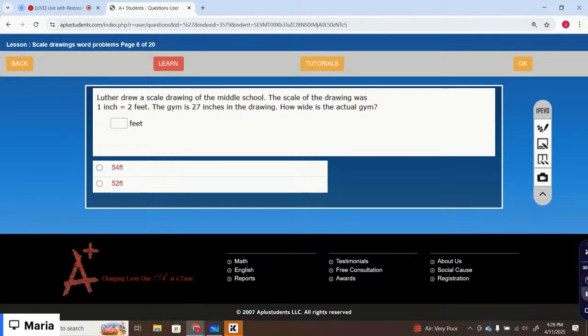Luther drew a scale drawing of the middle school. The scale of the drawing was 1 inch equal to 2 feet. The gym is 27 inches in the drawing. How wide is the actual gym?